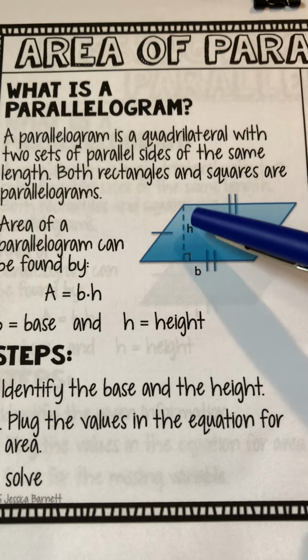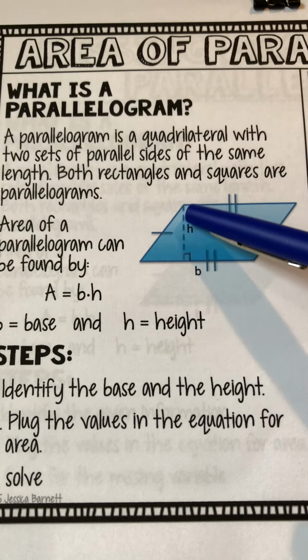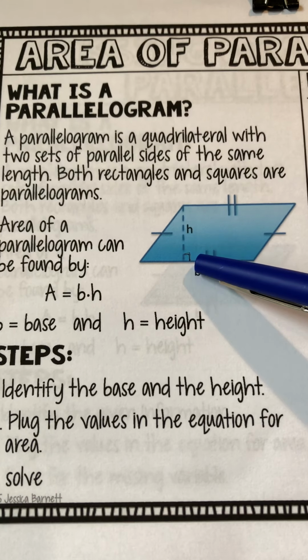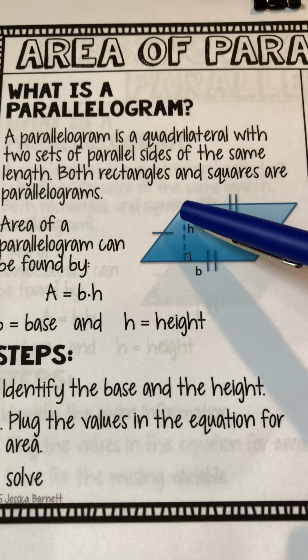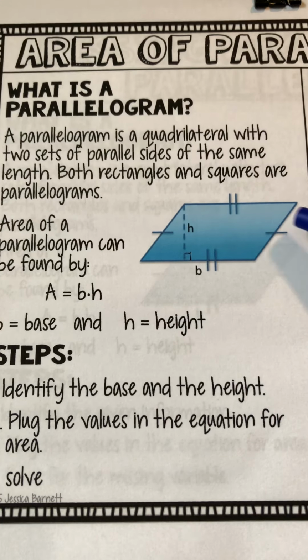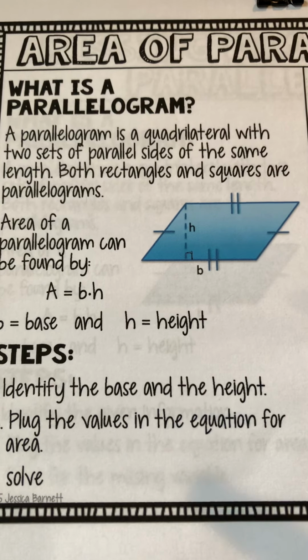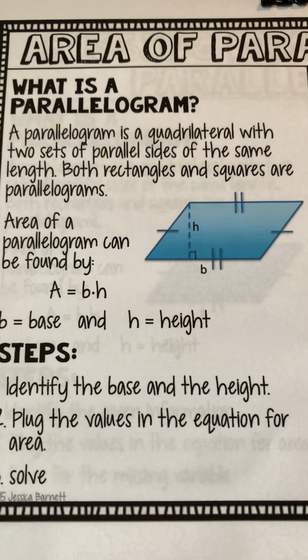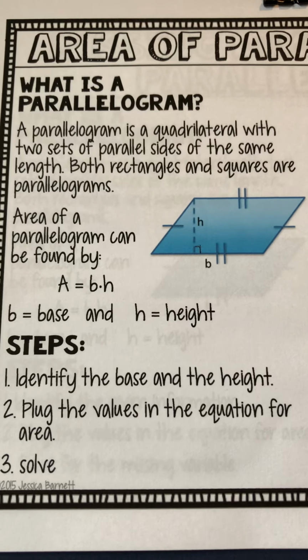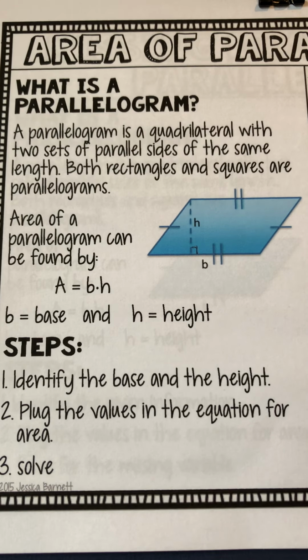Of course, here's the base, here's the height. Notice the height almost looks just like a letter H with that little 90-degree box. Anytime you're given this measurement or this measurement when finding the area, it's unnecessary information, it's extra info. So you can just ignore it. You typically will never need it unless you're trying to find something else.